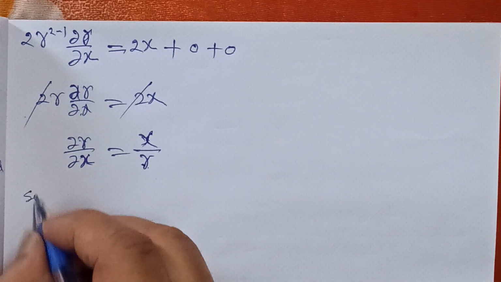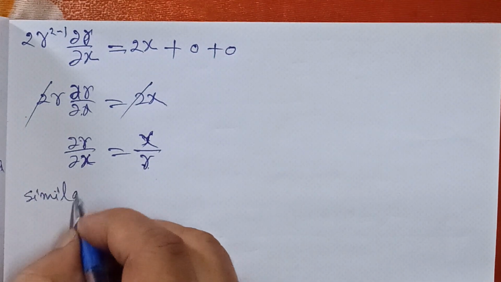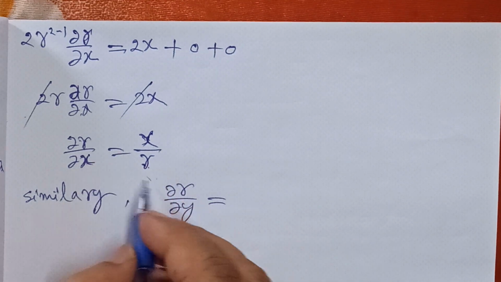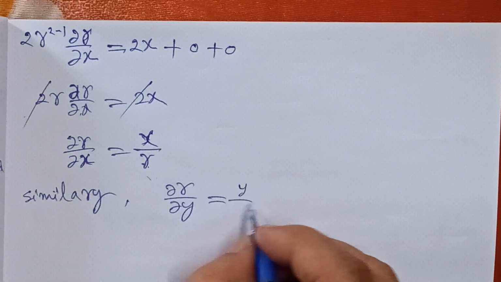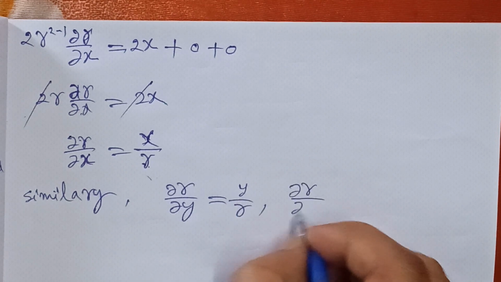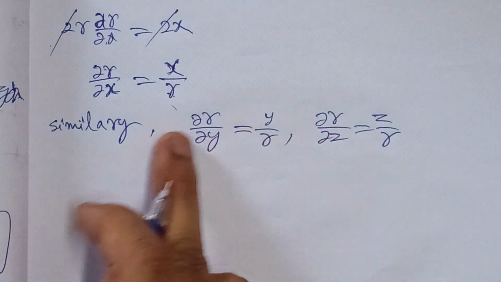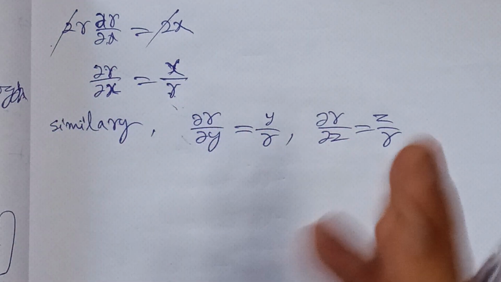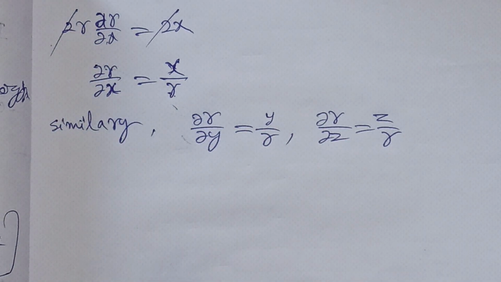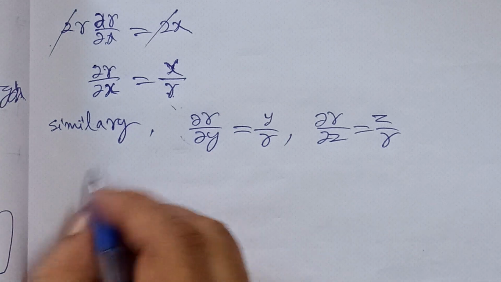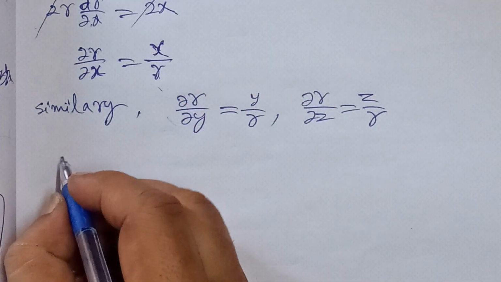Similarly, we can write del r over del y as y upon r, and also del r over del z is equal to z upon r. Now we will use these values in the following steps.